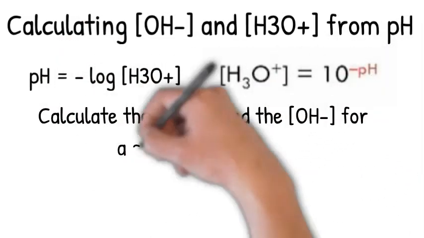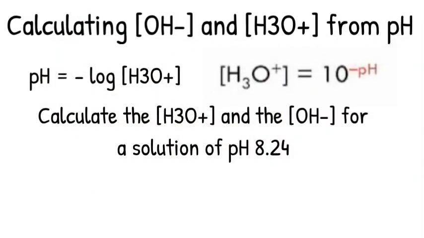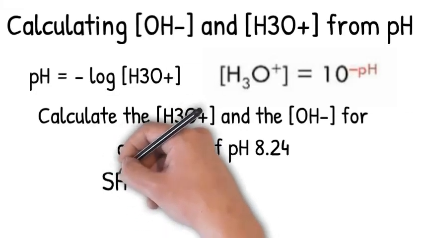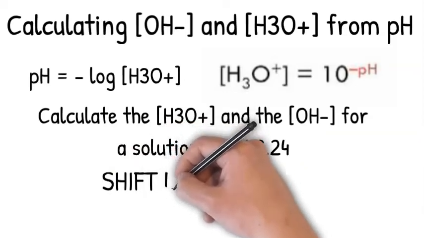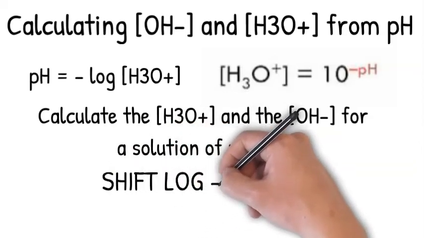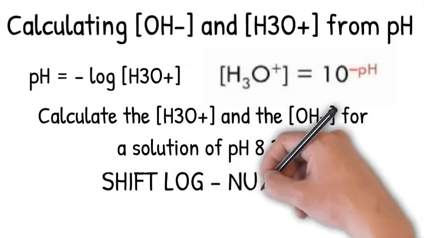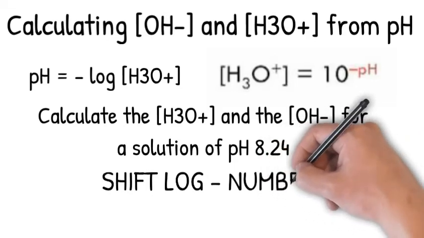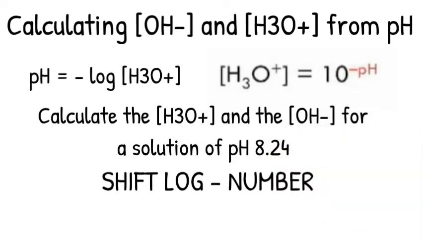So a possible question could be to calculate the hydronium and the hydroxide for a solution if its pH is 8.24. The first thing we need to know is how to put this 10 to the power of the negative pH into our calculator. And the way that you do it is you push shift, then log, then negative, then the number of the pH.